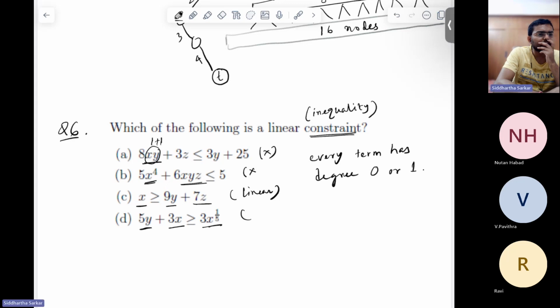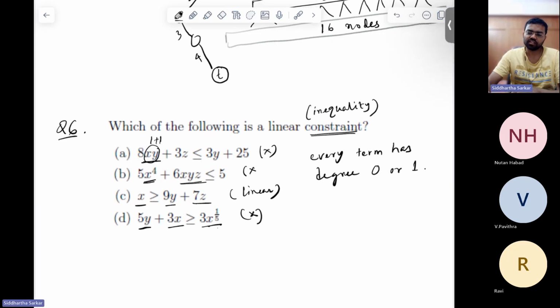Yes, the degree can be either 0 or 1. That's why this is also ruled out. There is a fractional degree. Okay. Any doubts?